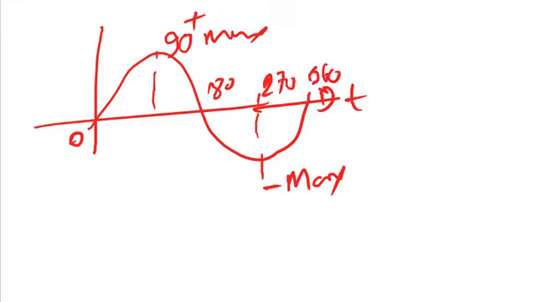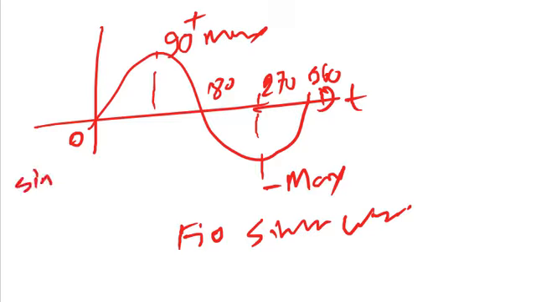Why are we calling this one the sine wave figure? Okay, why? Because it maintains the sine formula. If we say sine 0 degree equals 0, that means when you start at 0, sine 0 equals 0. Also this diagram starts at the 0 point.